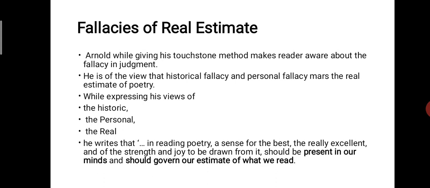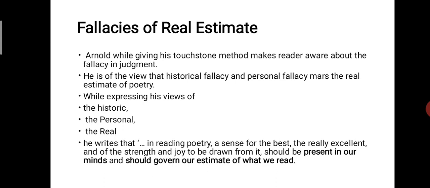He writes that in reading poetry, a sense for the best, the really excellent, and of the strength and joy to be drawn from it, should be present in our minds and should govern our estimate of what we read. So it is necessary to think about that particular work of art.